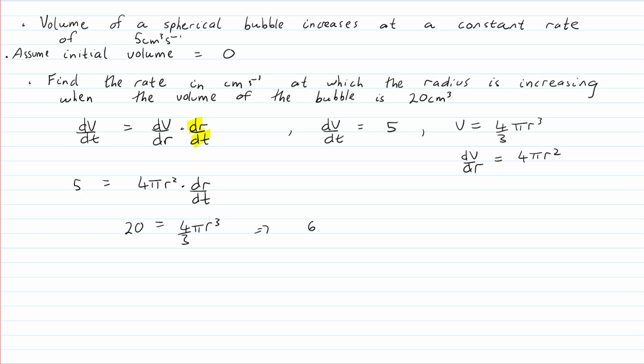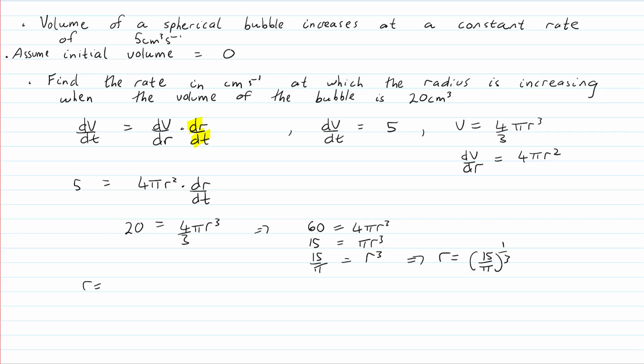So we get 60 equal to 4 pi r cubed. Divide both sides by 4, so 60 over 4 is just 15, and therefore r cubed is 15 over pi. So this implies that r is (15 over pi) to the power of 1/3.